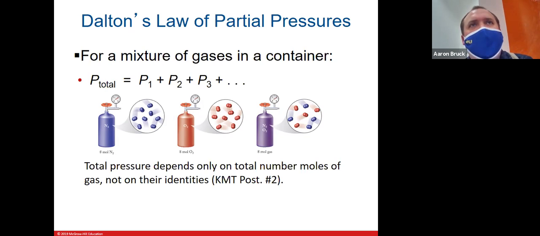So from that standpoint, when we think of atmospheric pressure, our atmosphere is a combination of a variety of different gases: nitrogen, oxygen, carbon dioxide. Those are the three primary ones. The other ones are present in very, very small amounts by comparison.